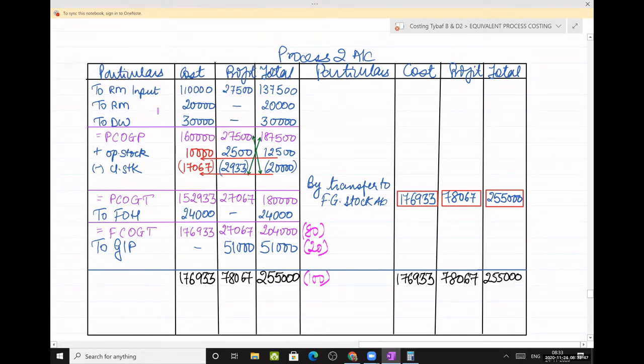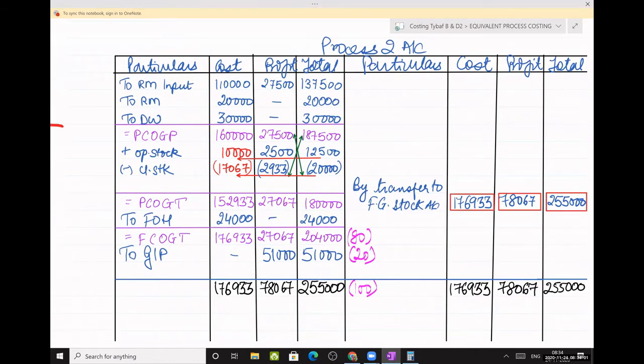Total the cost column. 1,10,000 plus 50,000 is 1,60,000. Understanding the debit side is very, very important.